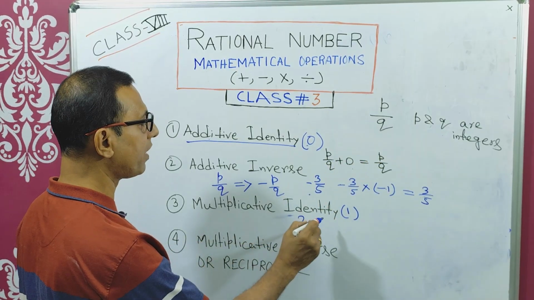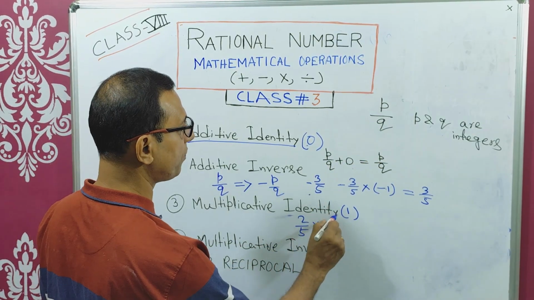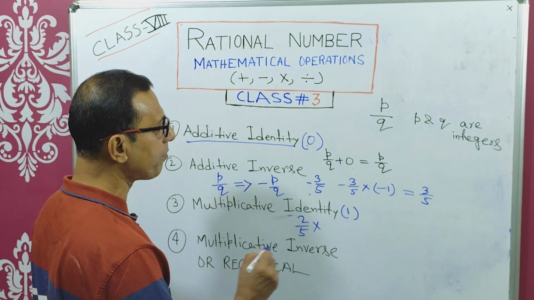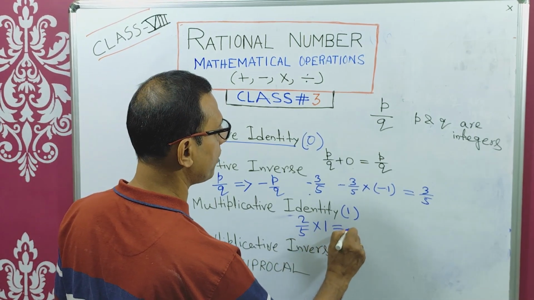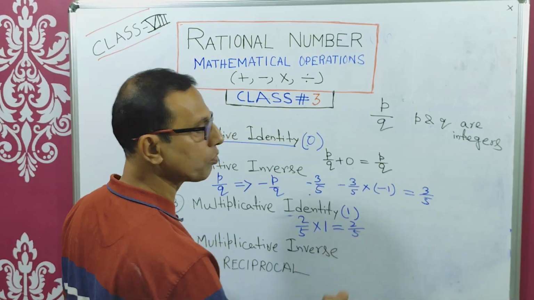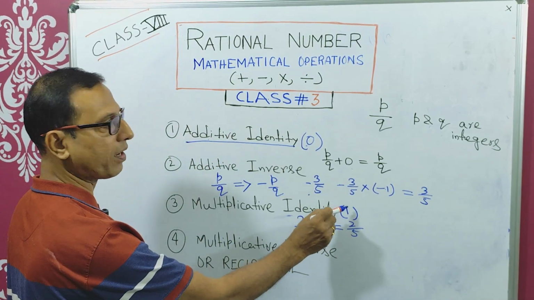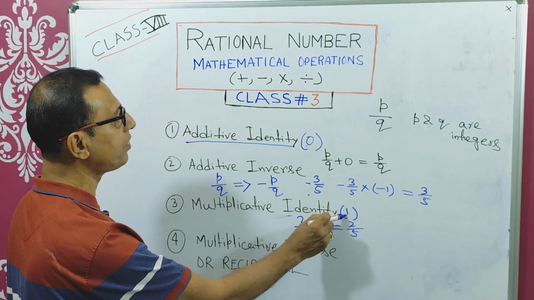And for multiplicative identity, it is 1, because if you multiply any number with 1, the rational number remains the same. 2 by 5 into 1 equals 2 by 5. So 1 is called multiplicative identity.